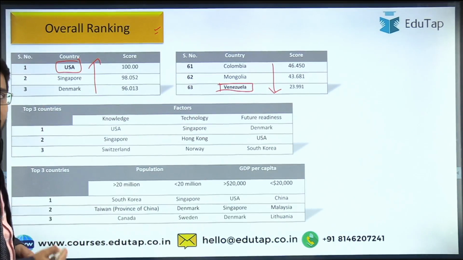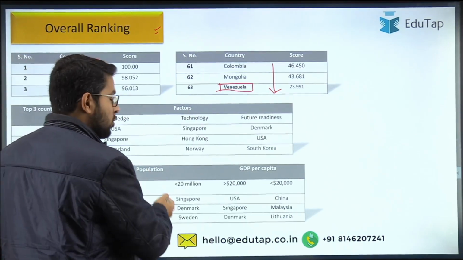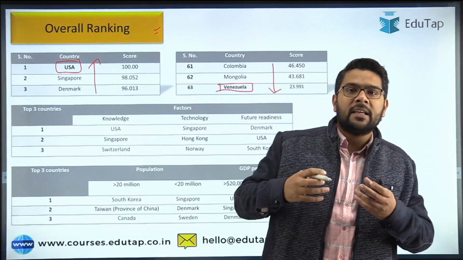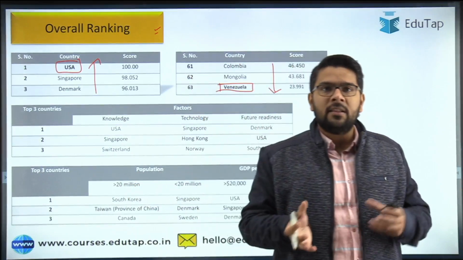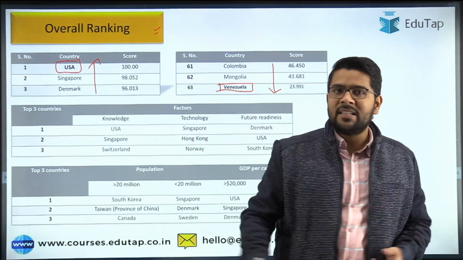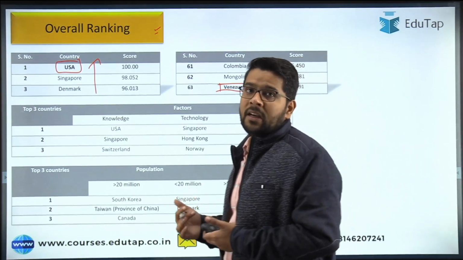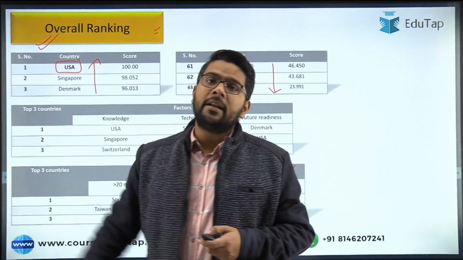Then they have also given the ranks in terms of individual factors, and they further classified the ranking in terms of population, categorizing the countries into those that have a population of more than 20 million, and the rest. Guys, these are not much fruitful, but as it was given, you can refer to it, but the important part is the overall ranking.